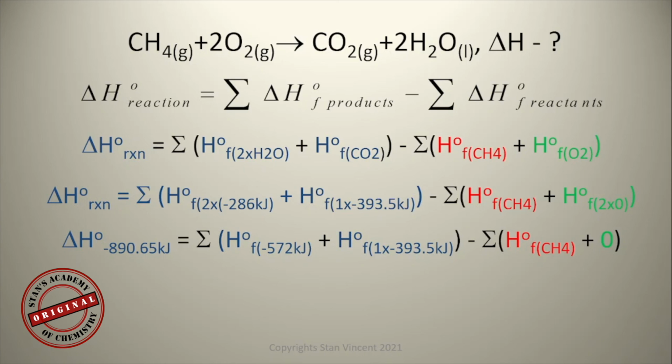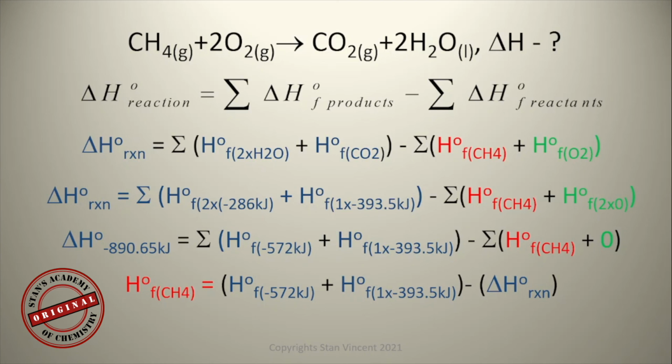So what we're going to do at this point is rearrange the equation so that we have the unknown on the left side. The unknown here is H0F of CH4. So I'm going to bring the unknown to the left. When you bring minus H0F of CH4 to the left, it becomes positive. And then I will take delta H minus 890.65 to the right. That will turn positive.